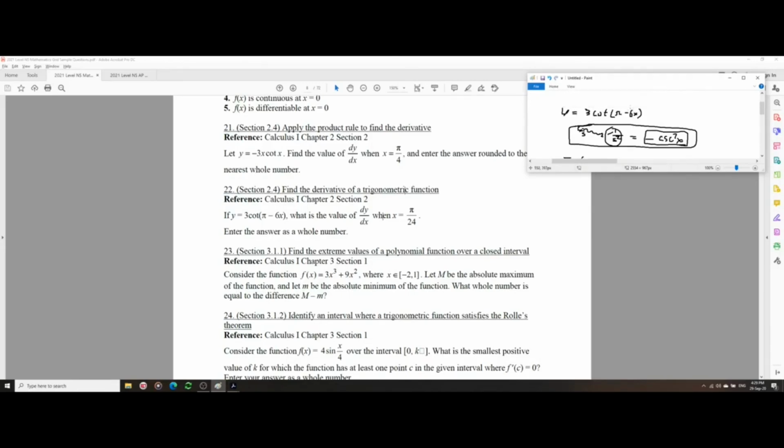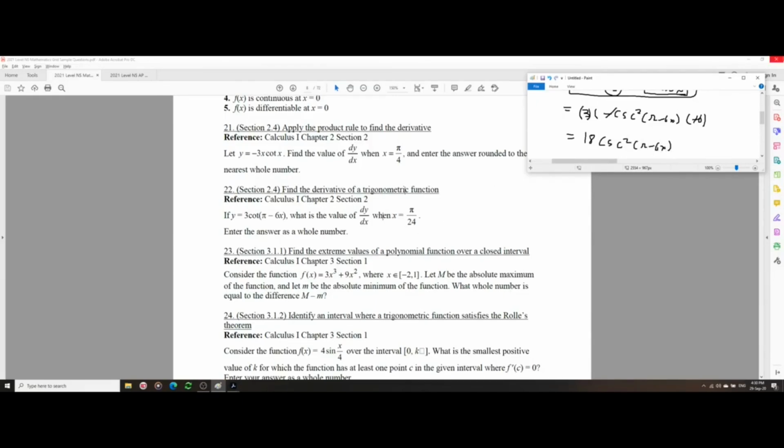But you also have to do the derivative of the inside, times x prime. The derivative of pi is 0, so here you get minus 6. Minus and minus cancel. 6 and 3 give you 18. So 18 cosecant squared of pi minus 6x.